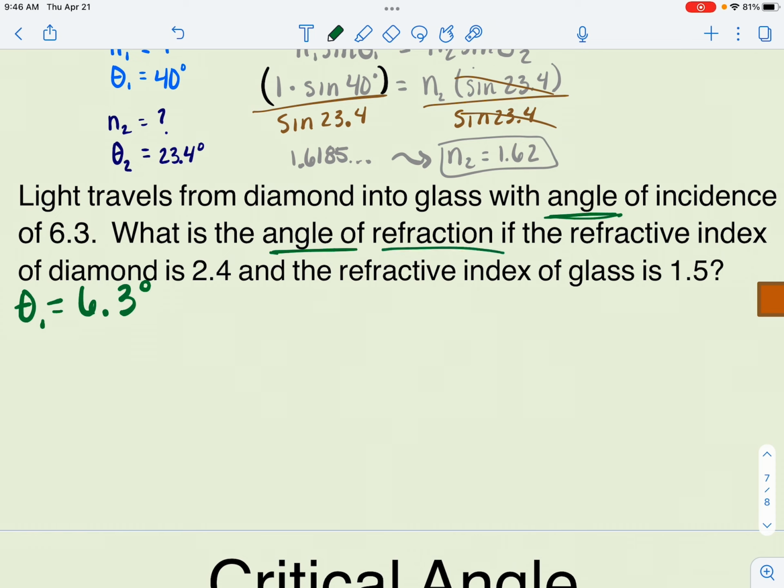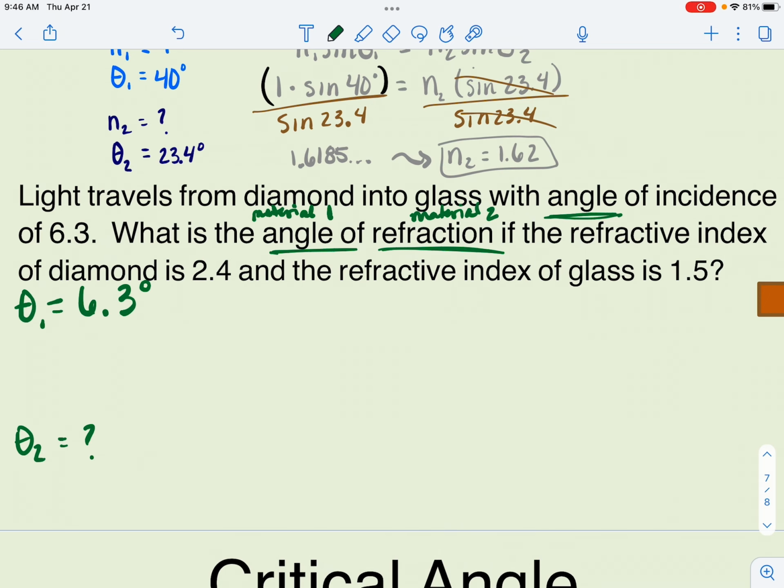So it's asking me for an angle, and because it's refraction, that makes it theta 2, and so that becomes my unknown. If the index of the diamond is 2.4, so our light is going from the diamond into the glass. So this means that the diamond is material 1 and the glass is material 2.